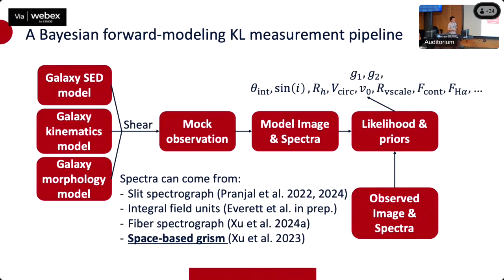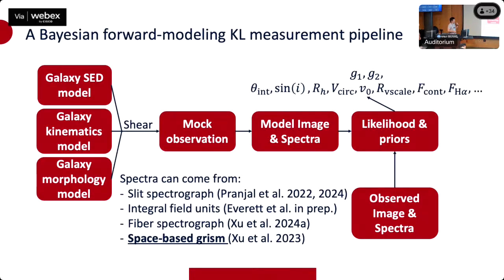So we have built a forward modeling Bayesian inference pipeline to measure this kinematic lensing for each single galaxy. We have a galaxy SED model, a galaxy rotation kinematics model, and a galaxy morphology model, and then we apply shear to all of them to build a mock observation, mapping out the distribution of photons on RA, Dec, and also wavelength.